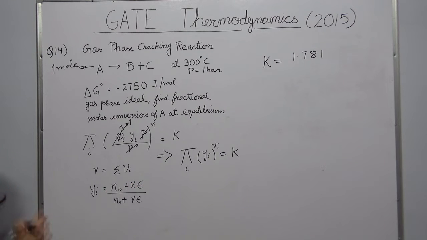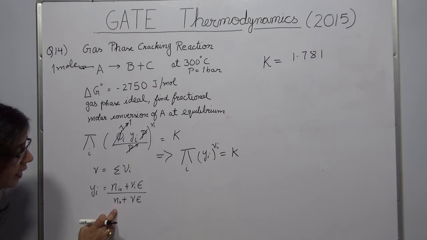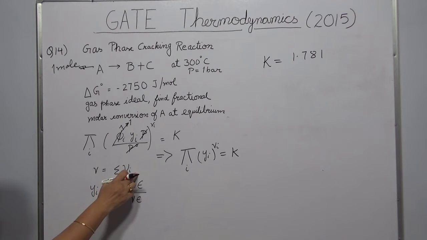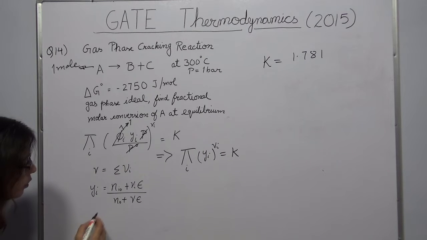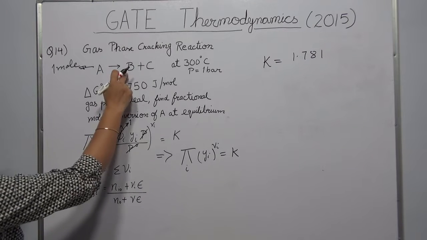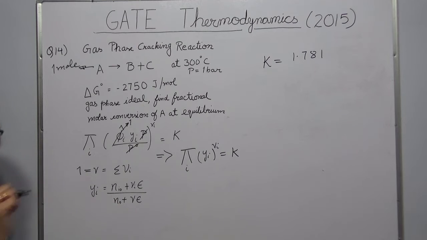This gives you the number of moles at any time, and the total number of moles is given by N0 plus nu times epsilon, where nu is nothing but the summation of all nu I. So first let's calculate the summation of all nu I. That is equal to minus 1 plus 1 plus 1. So that is equal to 1. So my nu is 1.